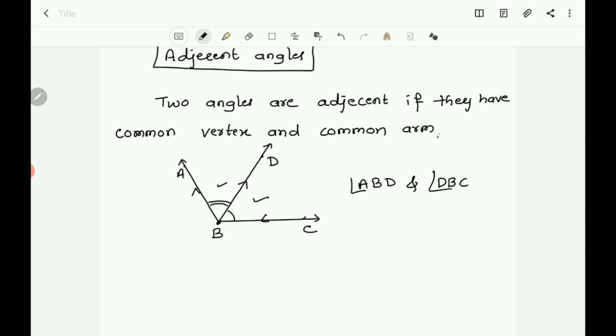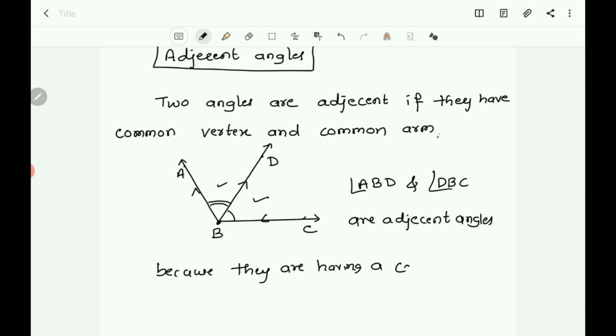So angle ABD and angle DBC are adjacent angles. Why? Because they have a common vertex B and a common arm BD.